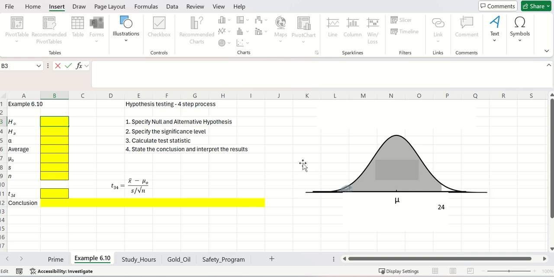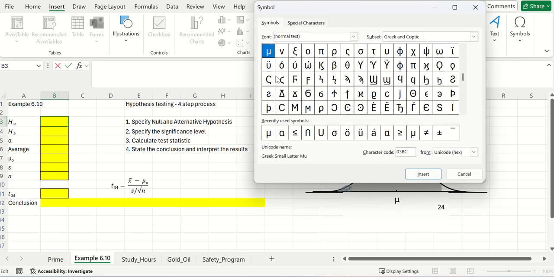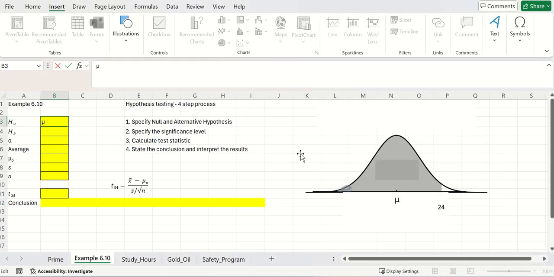The way we write that is, if you click on Insert and go to Symbols, you get a lot of symbols you can add. You can scroll through to find the Greek letter mu. I've used it in the past, so I'm just going to click on it, Insert, and Close.